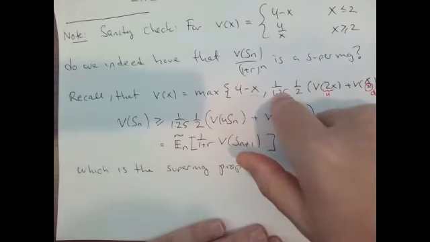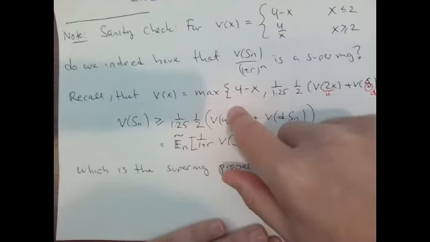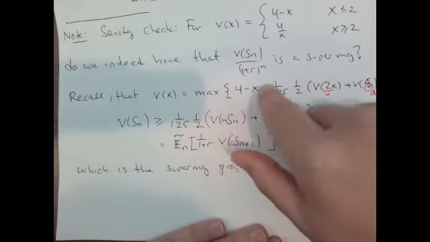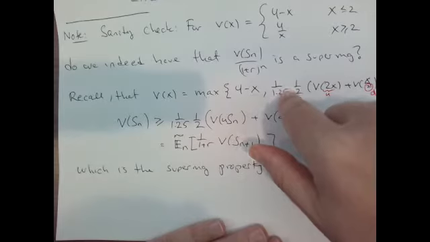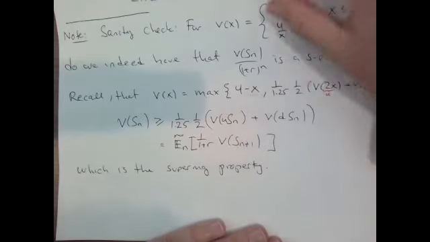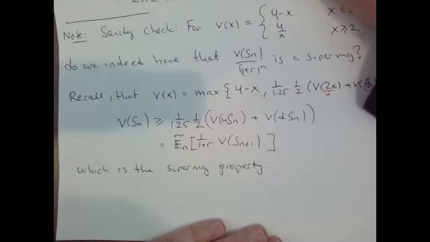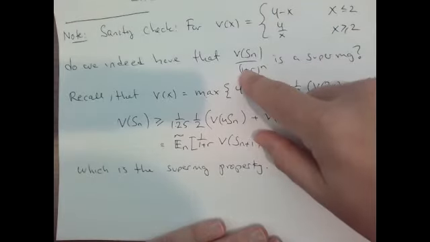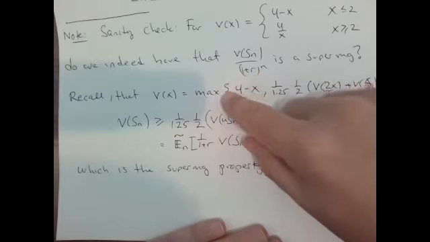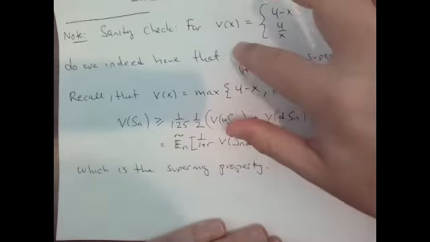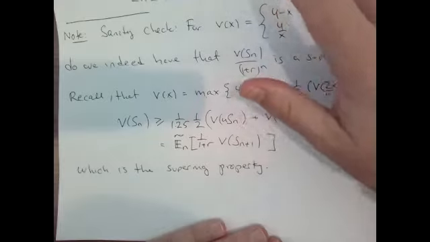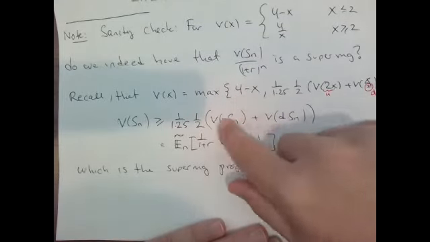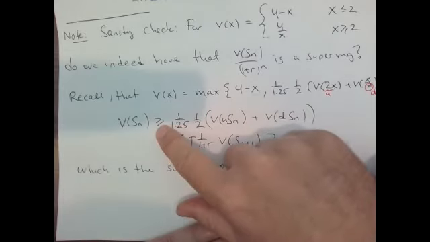The maximum of two things will dominate each of the two things. Like the maximum between A and B is bigger than A, and it's bigger than B. So I'm throwing away the first term, and we're going to get the second term. This is what gives me the inequality.